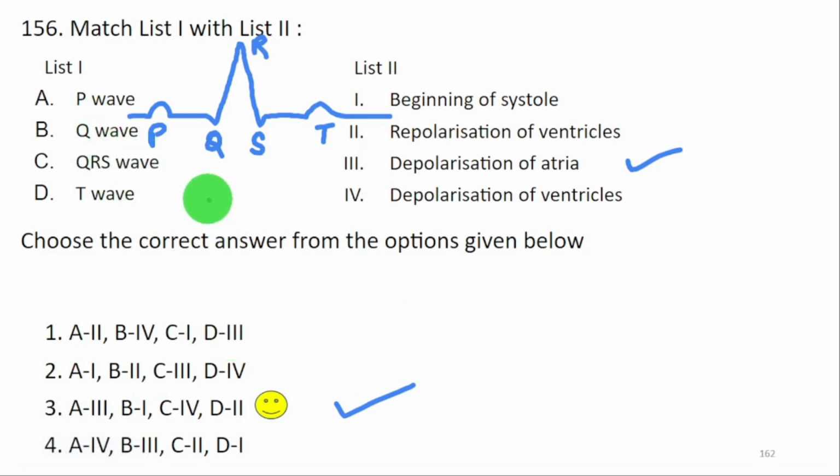So what happens after depolarization of atria? See, depolarization is happening electrically. So electrical impulses travel faster and actual atrial contraction will be slightly delayed.